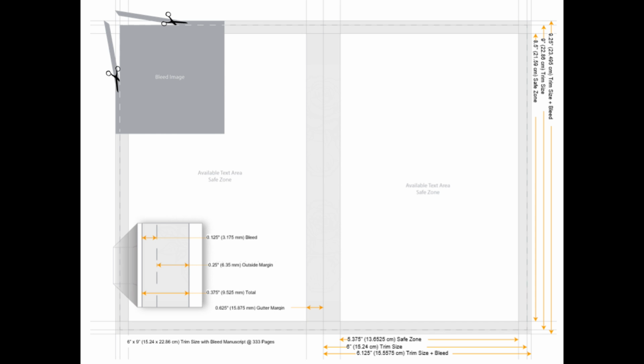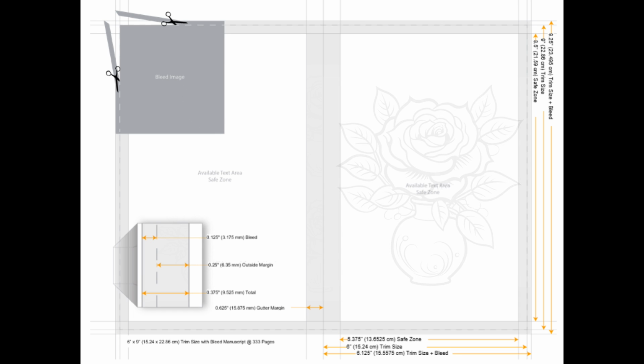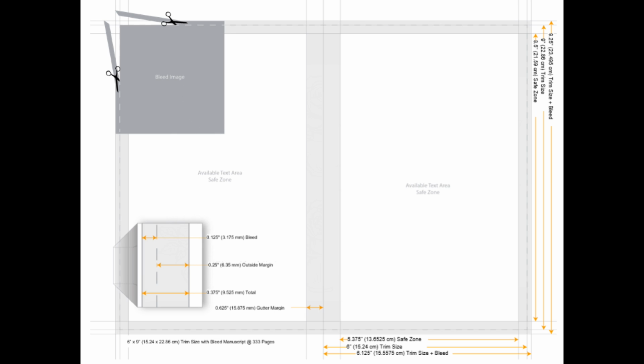At the end, I want to answer a question that many of you ask me. For designs like a flower coloring book, since your image spreads all the way to the edges, you need to add bleed to your size. So for example, if your trim size is 6 by 9 inches, you need to add 0.125 to the right edge, 0.125 to the top, and 0.125 to the bottom edge.